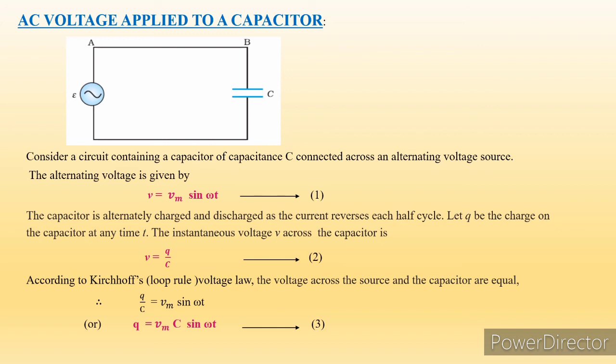According to Kirchhoff's loop rule or voltage law, the voltage across the source and the capacitor are equal. Therefore, Q by C must be equal to Vm sin omega t, or Q equal to Vm into C into sin omega t, equation 3.